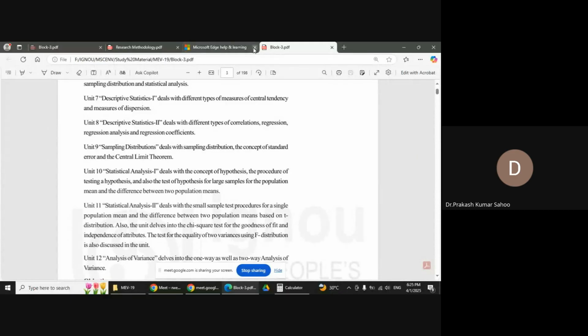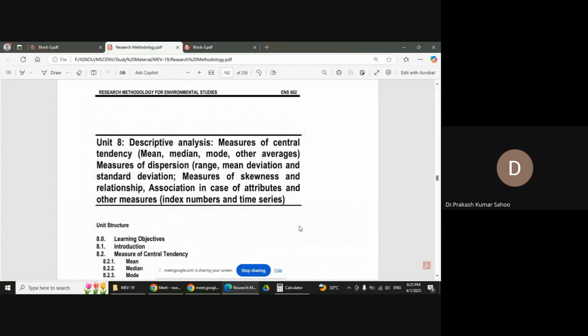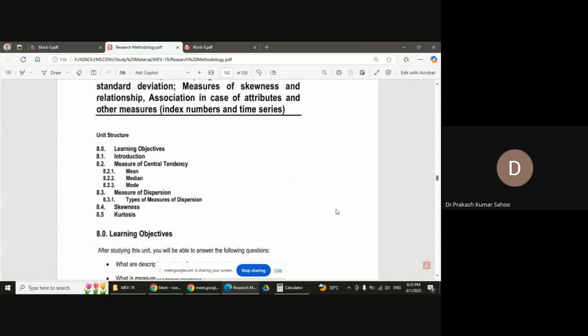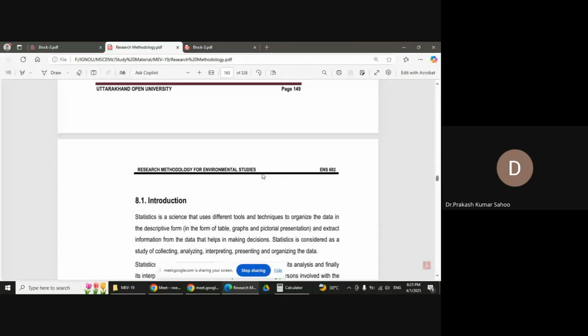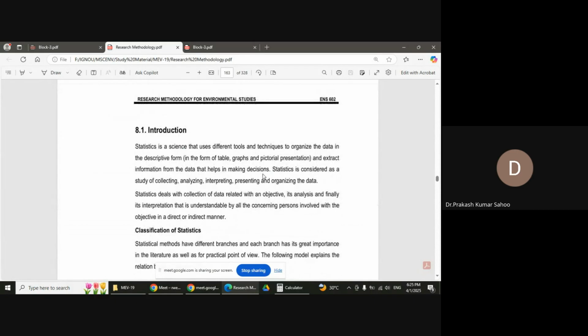I have this PDF with me, which is student friendly, and I think it will clear your understanding. The first part deals with the measure of central tendency, which is mean, median, mode. In this part we have the introduction.